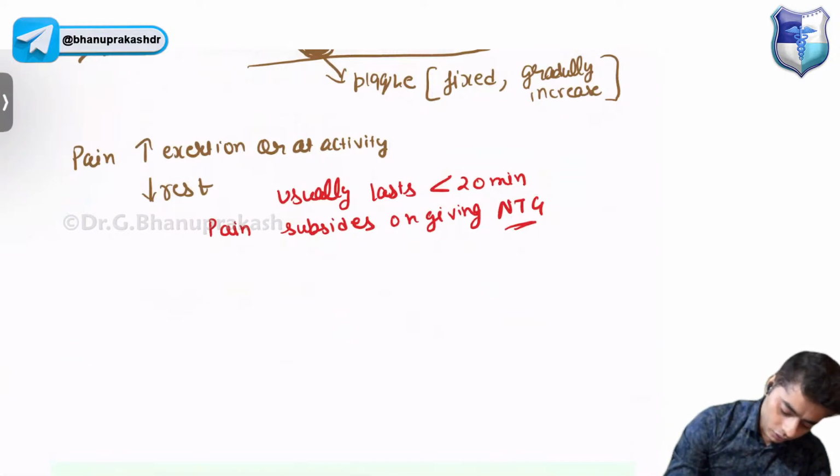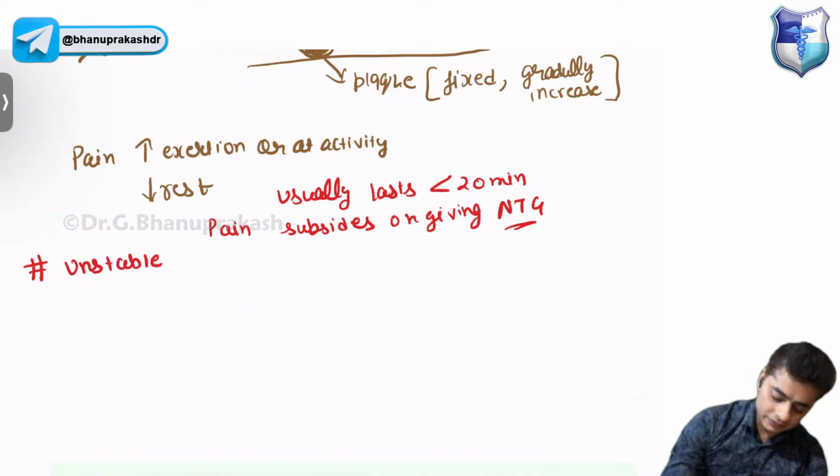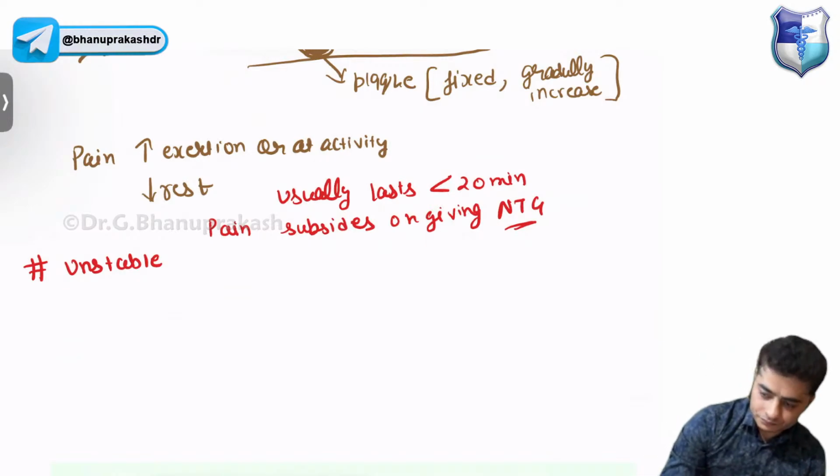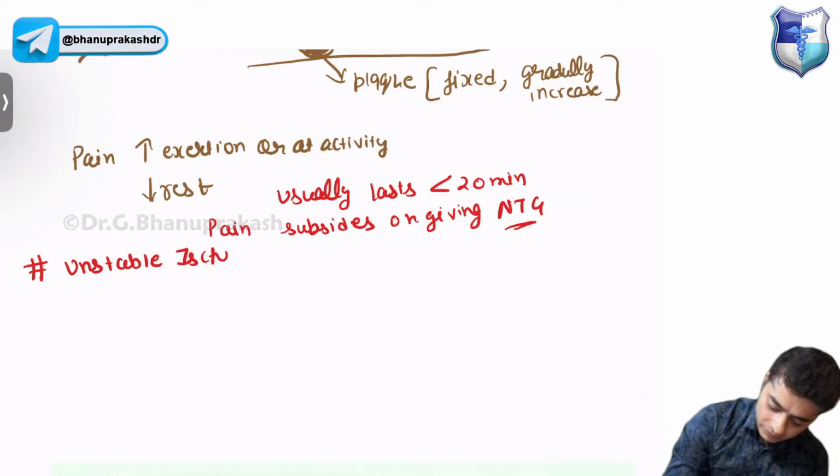Now we will see what is unstable angina. Okay. So actually there is a term known as unstable ischemic heart disease.